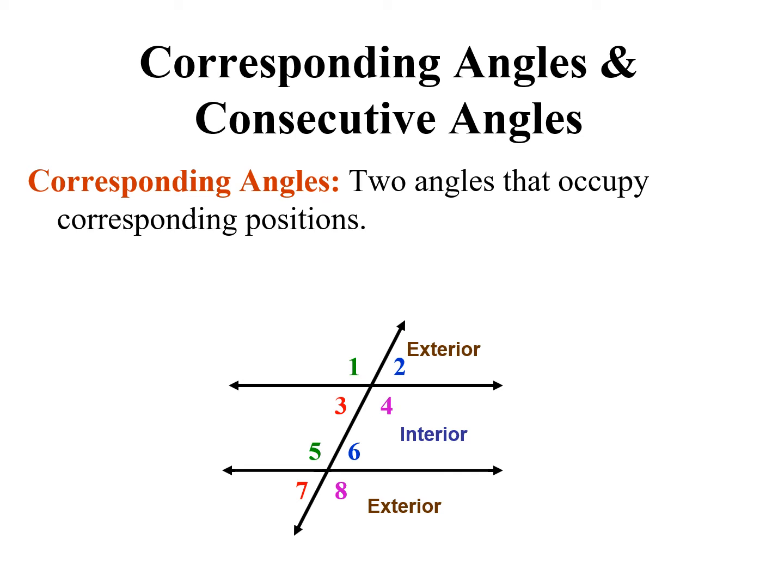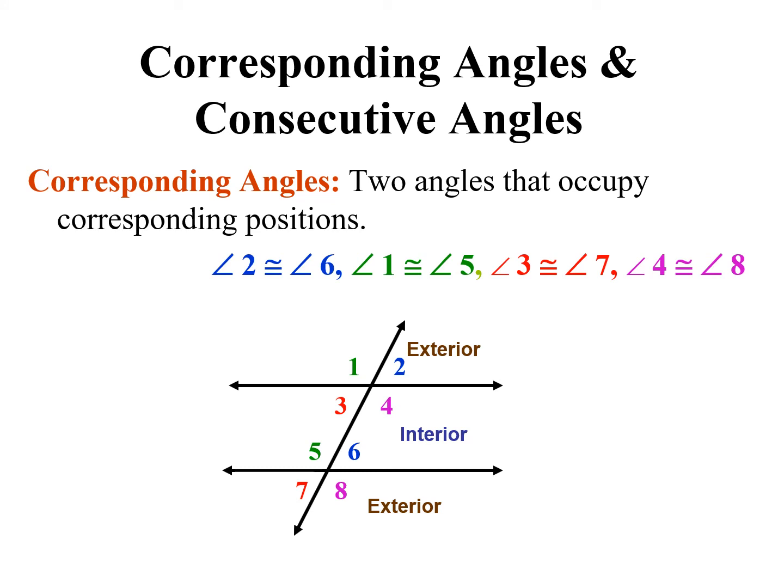The angles are angle 1 and angle 5, angle 3 and angle 7, angle 2 and angle 6, angle 4 and angle 8. I repeat: angle 1 and angle 5, angle 3 and angle 7, angle 2 and angle 6, angle 4 and angle 8.